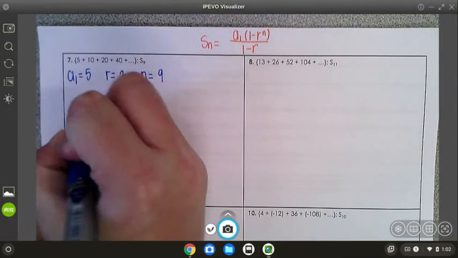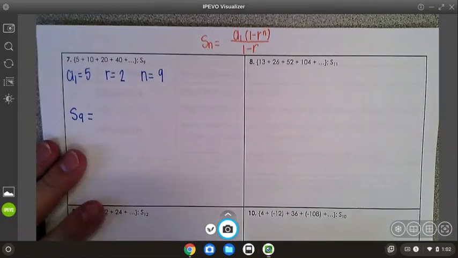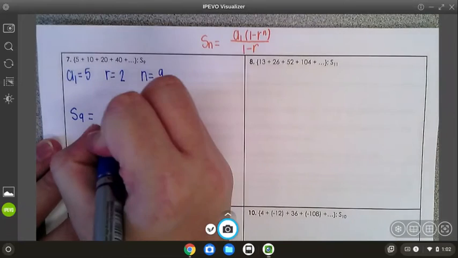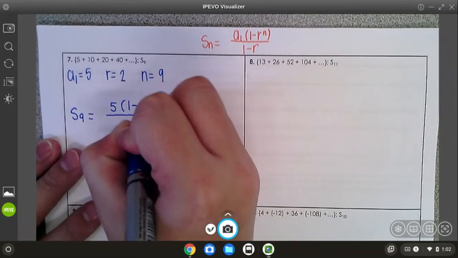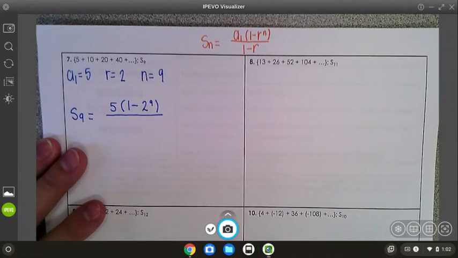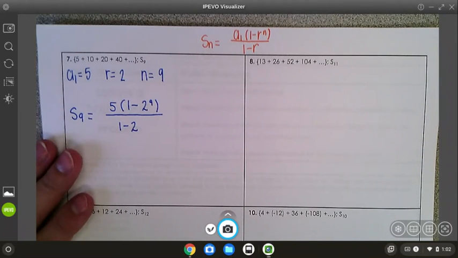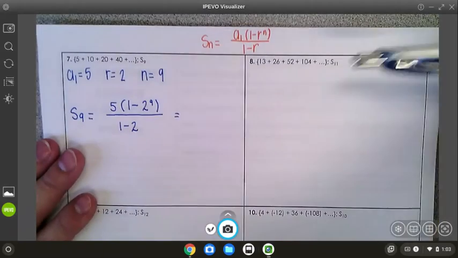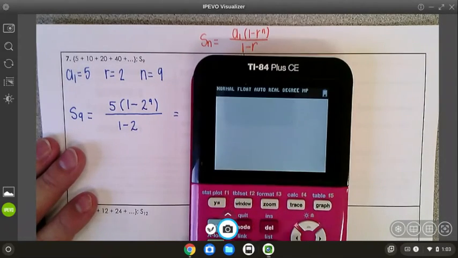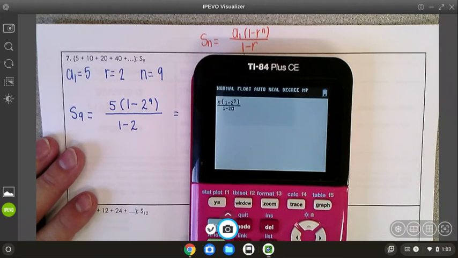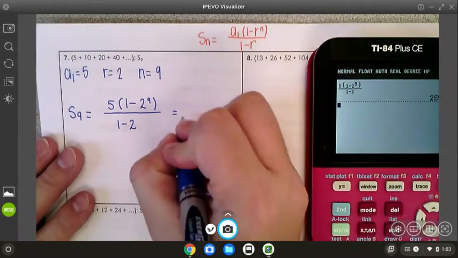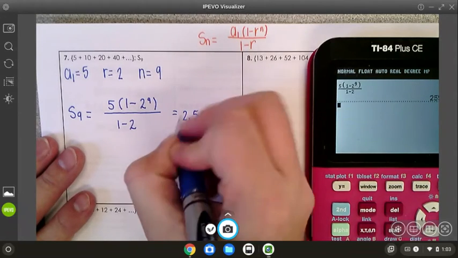So for finding the sum of the first 9 terms, we've got 5 times 1 minus 2 to the 9th power over 1 minus 2. Just type that in, and we get 2,555.